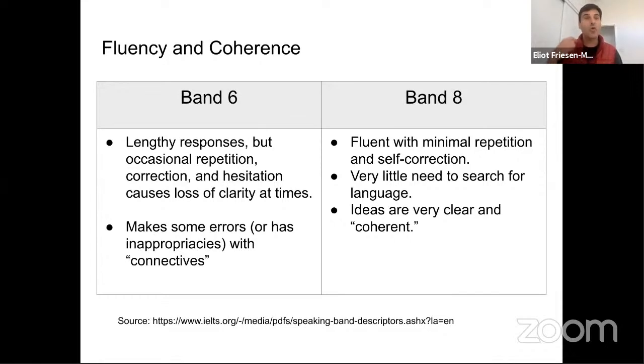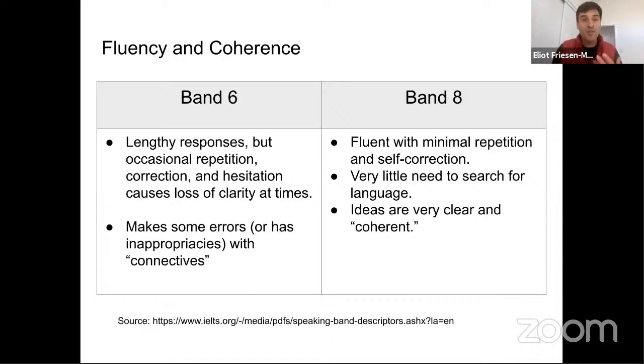Okay, so you're going to repeat words and ideas because maybe you can't quite get to that next idea. You don't have the language to continue the sentence in a fluid way, in the same way you might in your own language. So you have some repetition, you have some hesitation, some pauses.